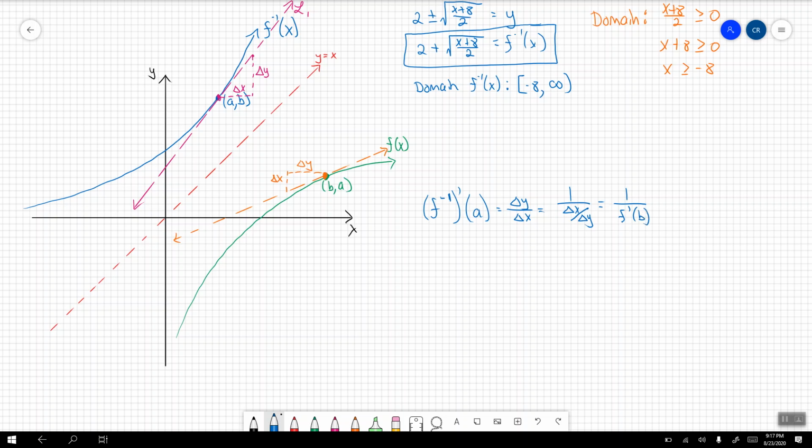Wow, that is looking pretty good. All right, that's not looking too bad. So now I can say from the very beginning, if I wanted to find the rate of change of the inverse function of f at the given value of a, I can really just do 1 divided by the derivative of the initial function evaluated at b.